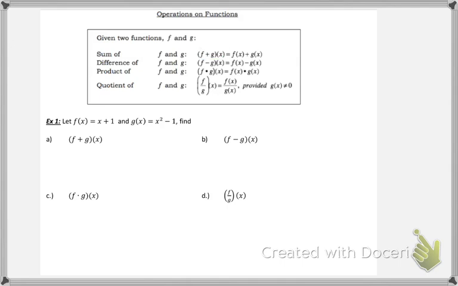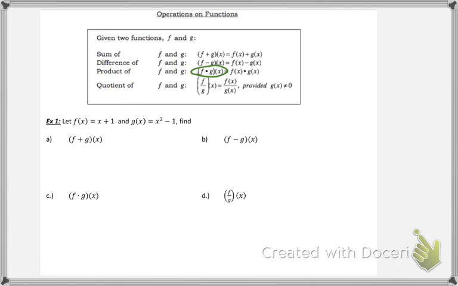Similarly, if I subtract two functions, f of x minus g of x, I could name that new function f minus g of x instead of calling it a new name like w of x. And with multiplying, if I multiply f of x times another function g of x, I can name this new function f times g of x.